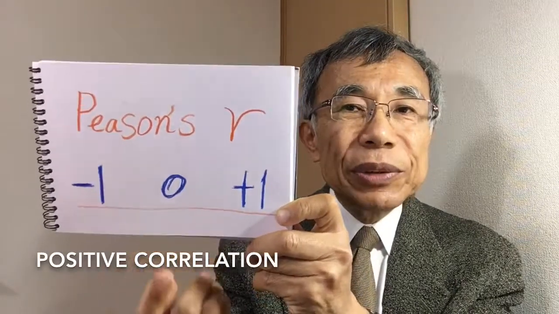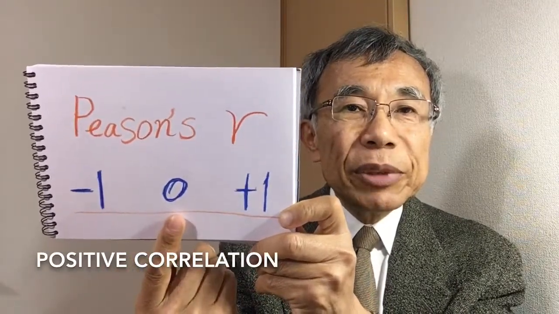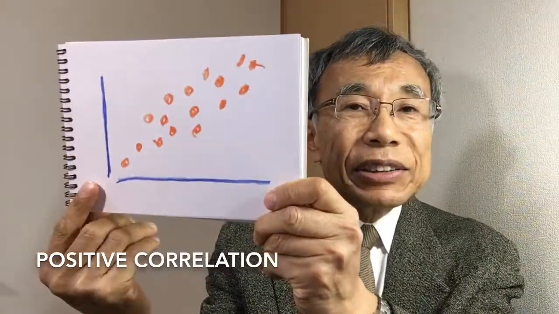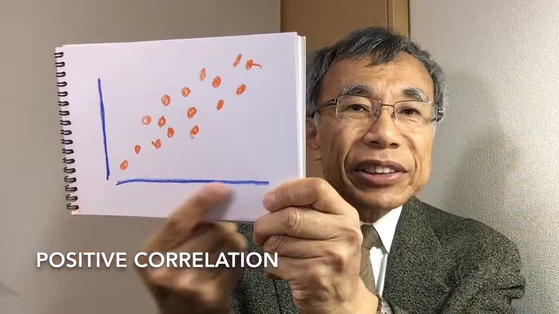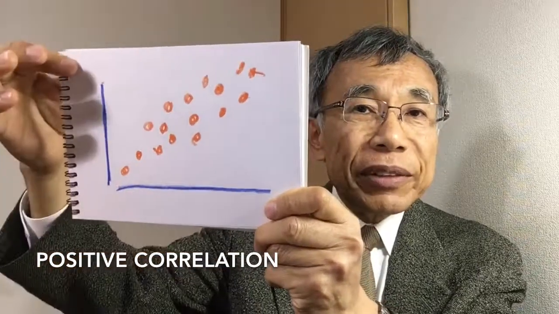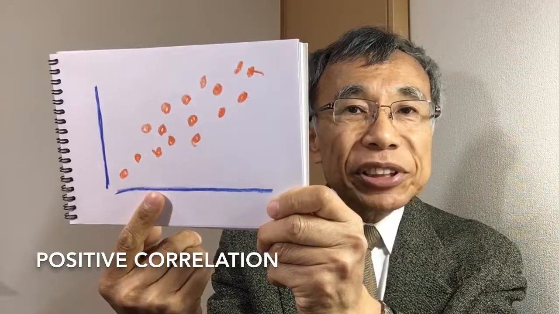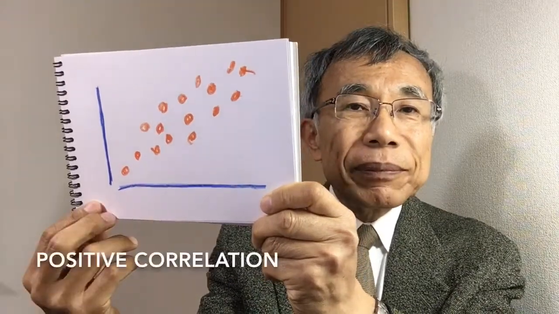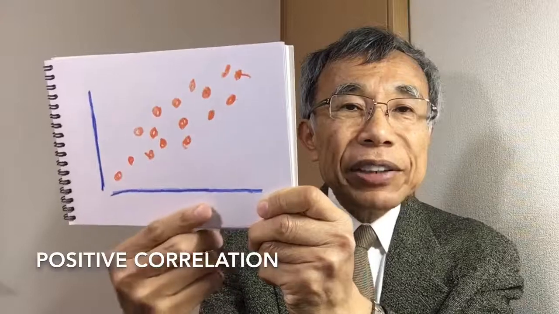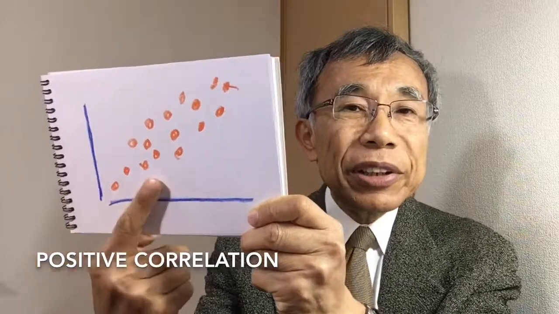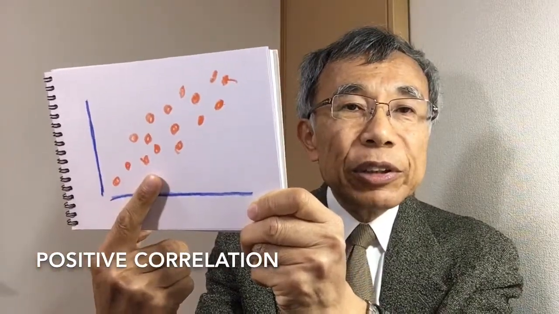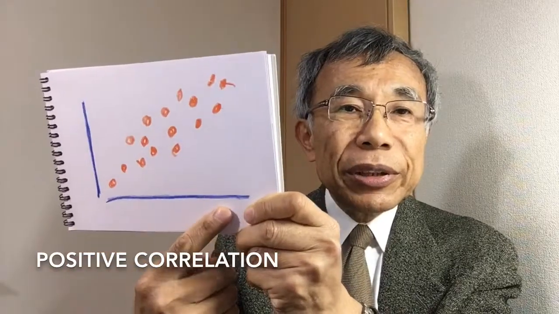If the correlation coefficient is between 0 and 1, as one variable increases, the other also increases. This is called a positive correlation. For example, height and weight are positively correlated because taller people usually weigh more.